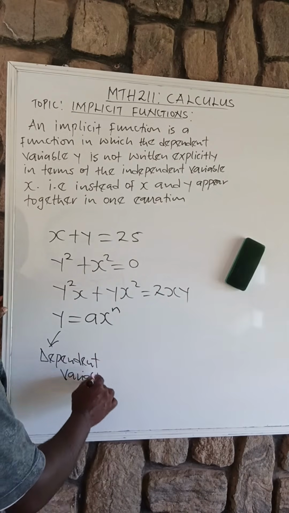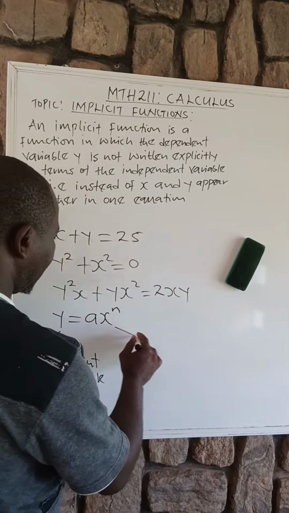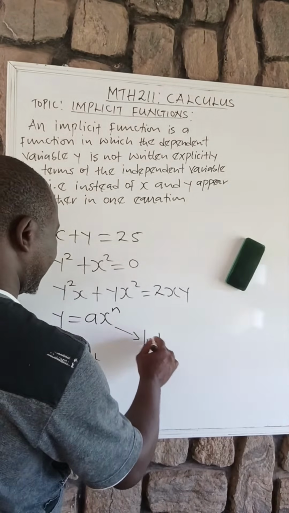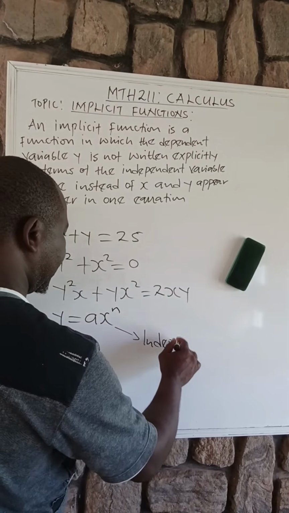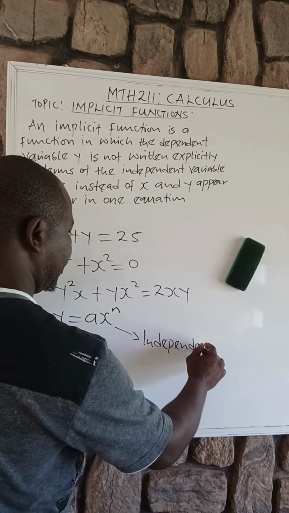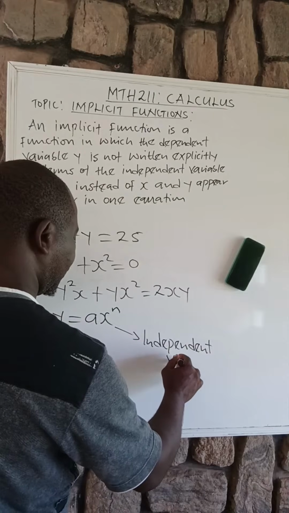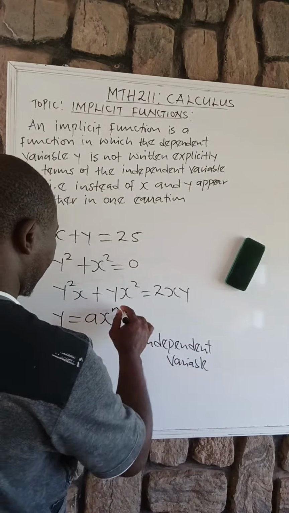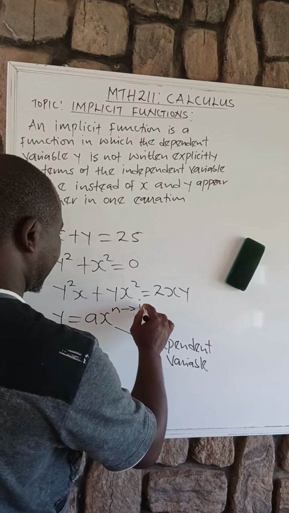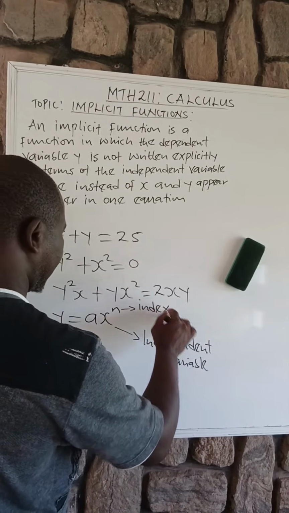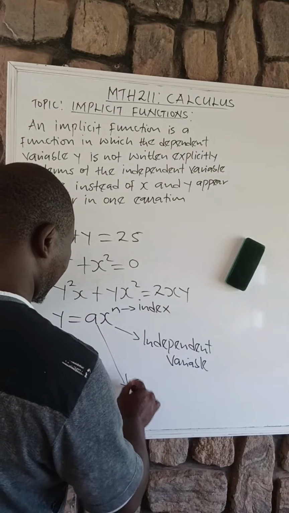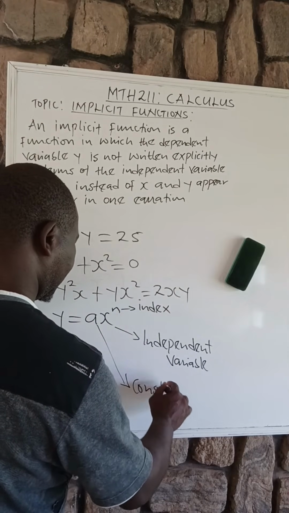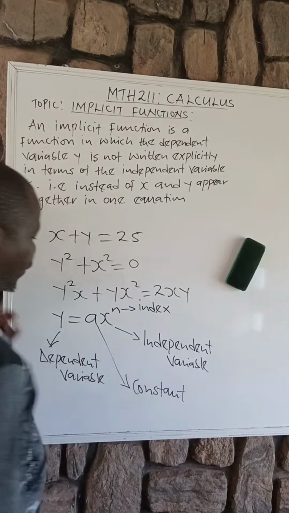Then this x is called the independent variable, true or false, if I'm not mistaken. Right. While this n is called the index, then this a is called a constant, true or false.